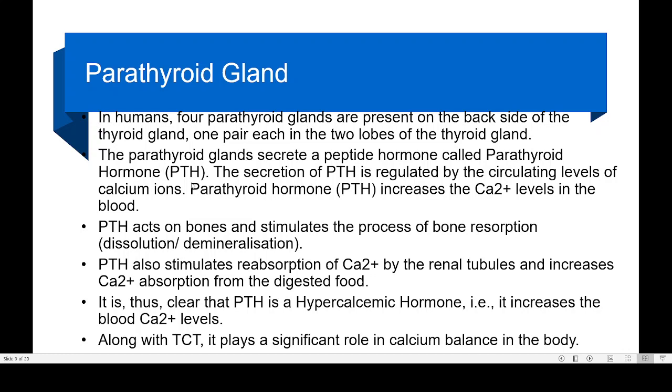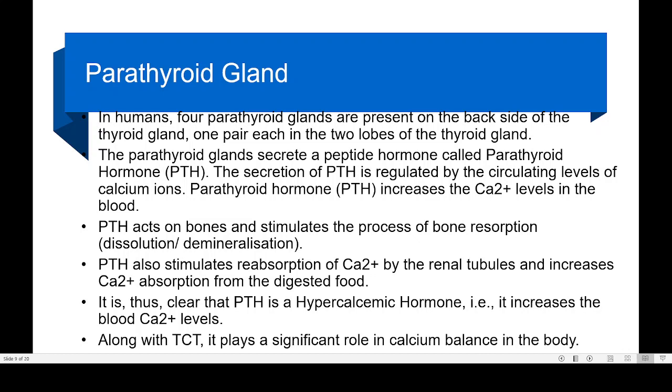Now PTH regulates the circulating level of calcium ions. Earlier I mentioned the importance of controlling calcium level. If there is too much PTH, it will increase the calcium level in the blood.